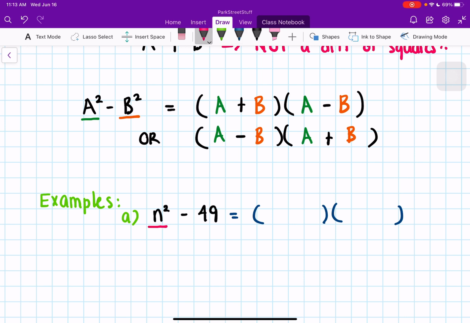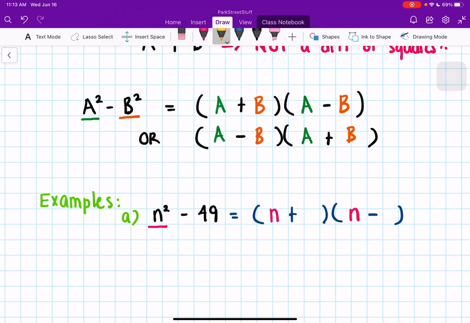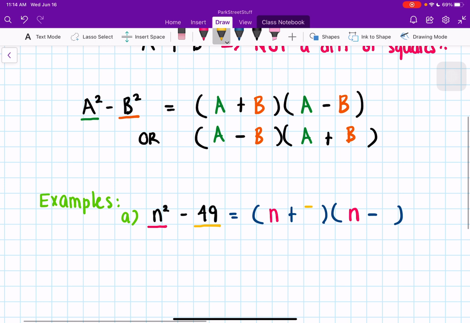So the first term is n squared. When I take that square root, I will get n. And then we can go plus minus or minus plus, doesn't matter. And then we're going to take the square root of my second term. So our second term is 49. So the square root of 49 is 7.